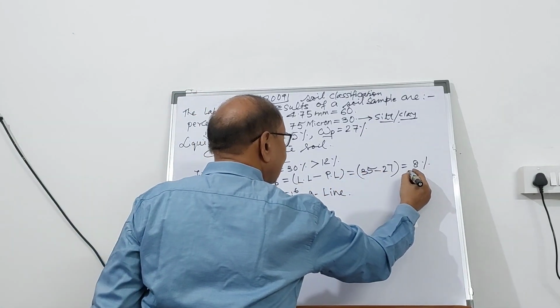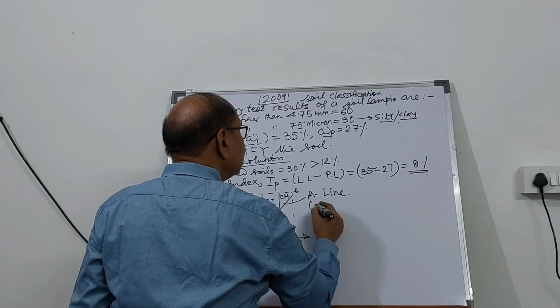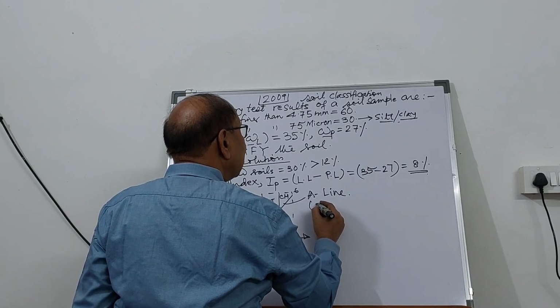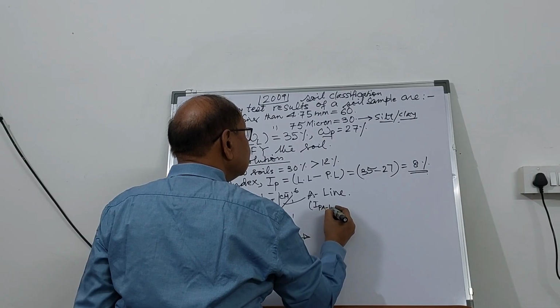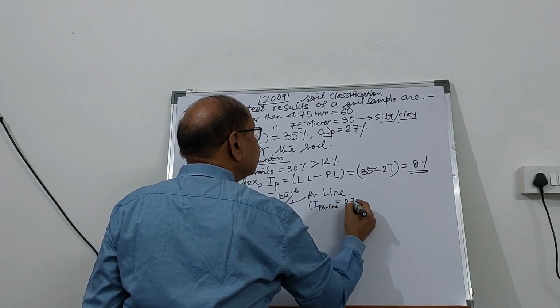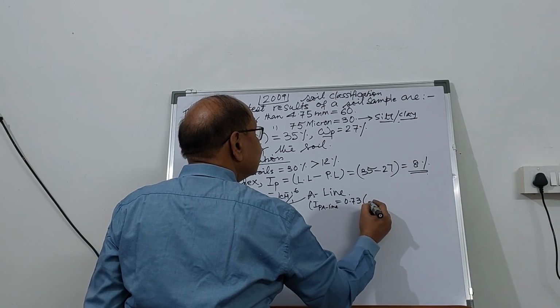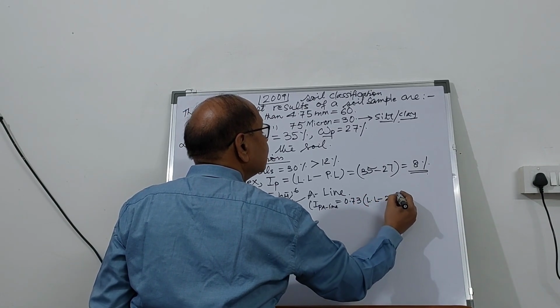So here you have got a line. The equation of the A line is IP of A line is given as 0.73 times liquid limit minus 20.